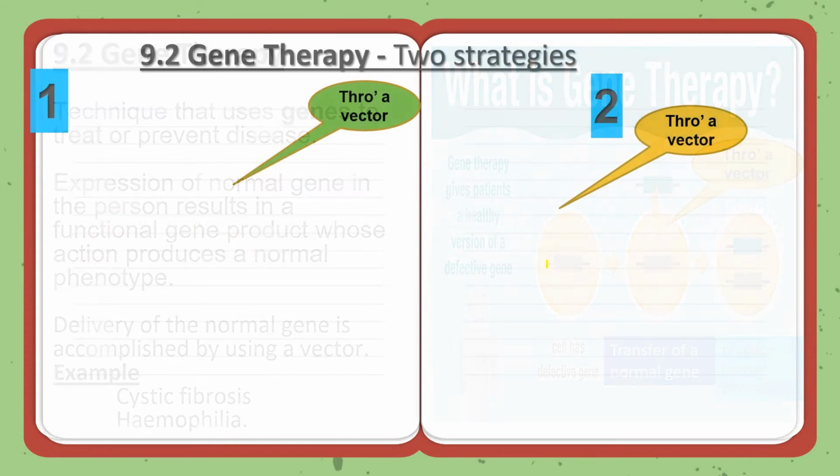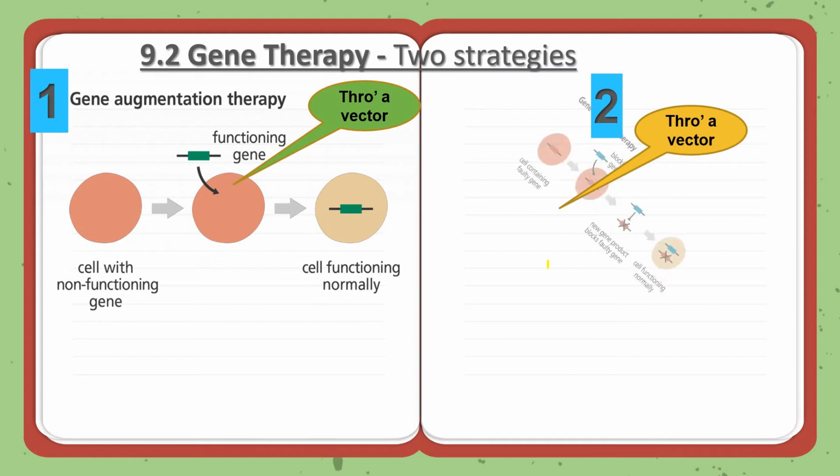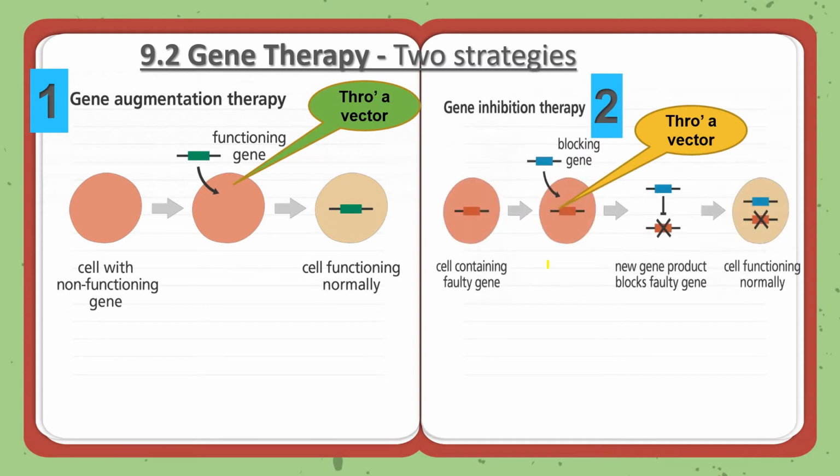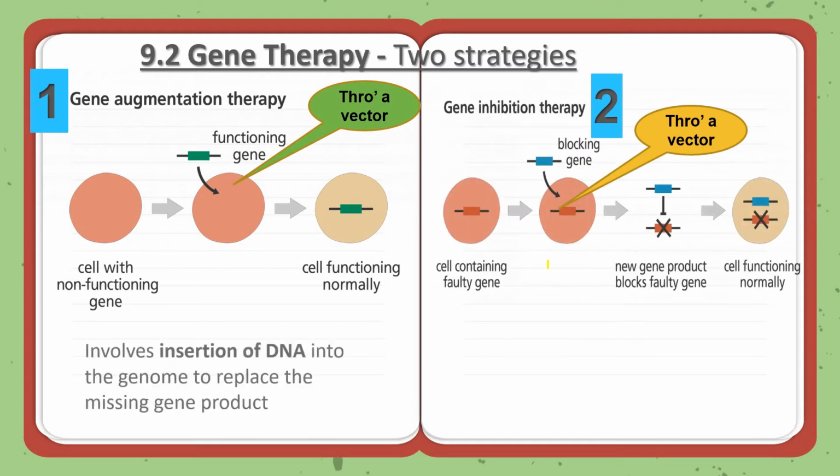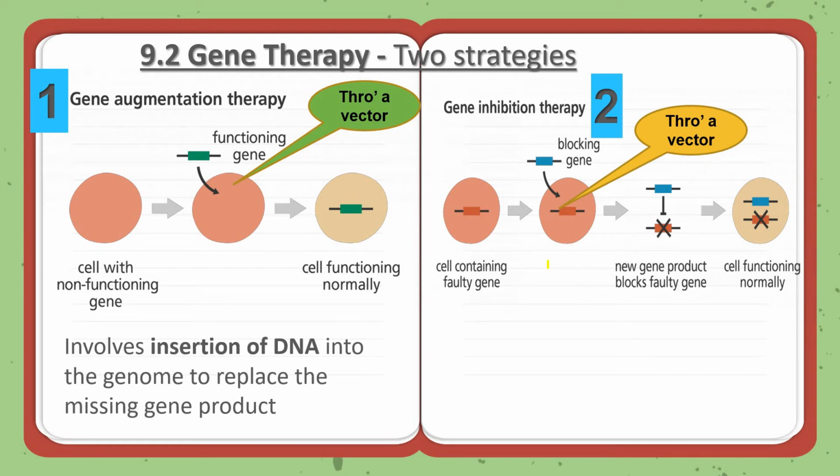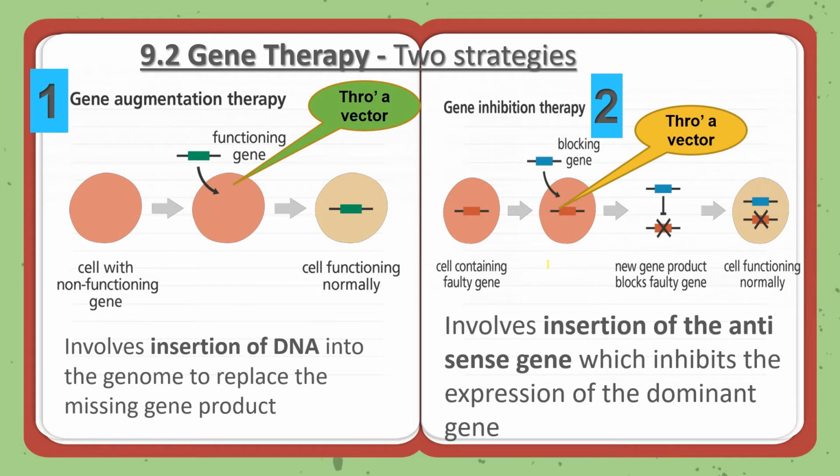Here we have two strategies. One is gene augmentation therapy and another one is gene inhibition therapy. So what is the meaning of these two? In the first case, gene augmentation therapy, it involves insertion of DNA into the genome to replace the missing gene product. So here we correct it by inserting the DNA.